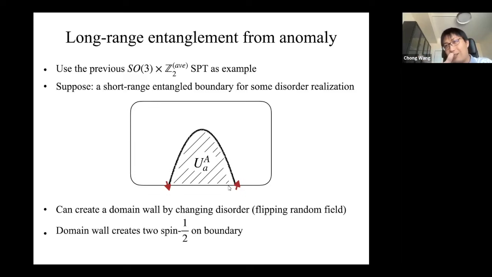But the Haldane chain is famously known to have dangling spin-1/2 moments at the end. So by flipping the random fields within this region A, we end up having two dangling spin-1/2 at the two ends on the physical edge.